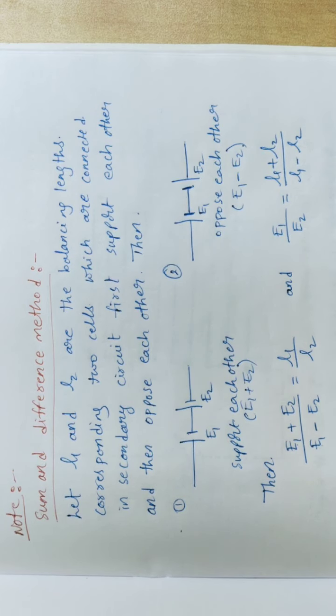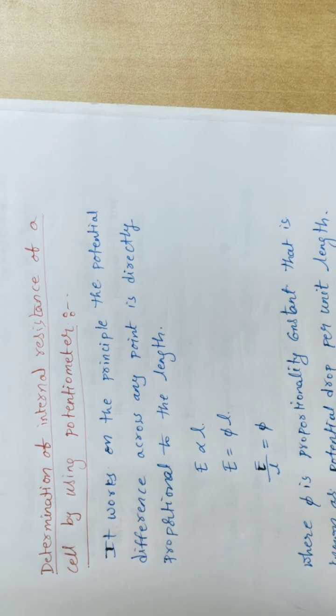Now we are ready to go into a new topic, that is the internal resistance of a cell using a potentiometer. Okay students, determination of internal resistance of a cell by using a potentiometer. We know very well that the potential difference across any portion is directly proportional to the length of that portion.